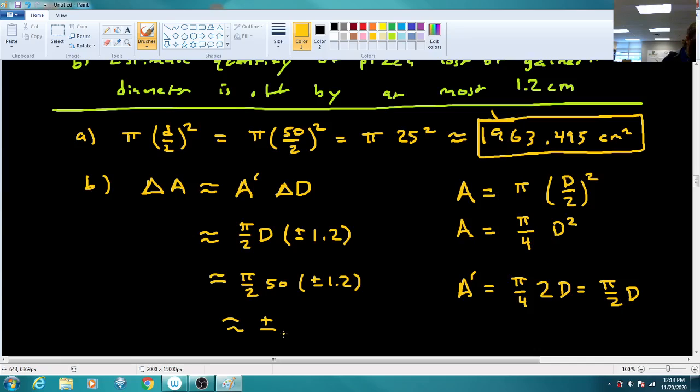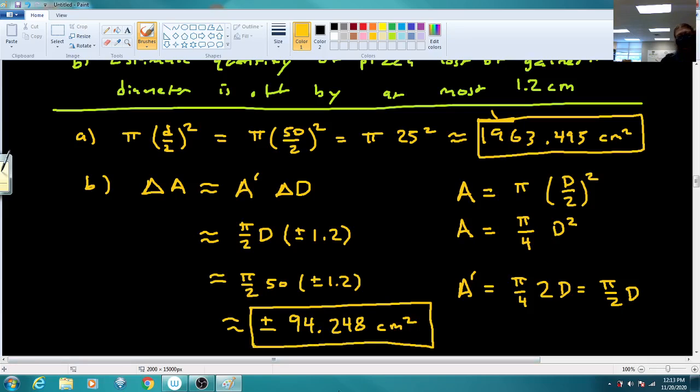And I end up getting about 94.248. That's area, so that's square centimeters that we gain or lose. So basically, if you're over or under by 1.2 on the diameter, you're gaining or losing about 94.248 square centimeters of pizza.